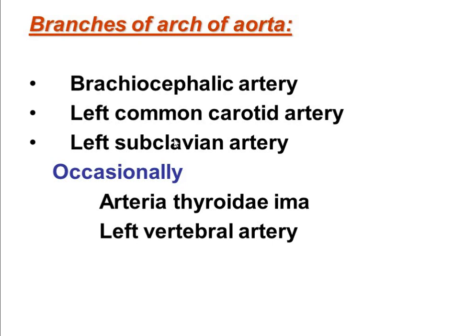Now, what are going to be the branches of the arch of aorta? The major, or constant, branches of the arch of aorta are three in number. The brachiocephalic artery, the left common carotid going to the head and neck, and the left subclavian, continuing as the axillary artery and ultimately supplying the upper limb, and before that the left subclavian also gave some branches in the neck region.